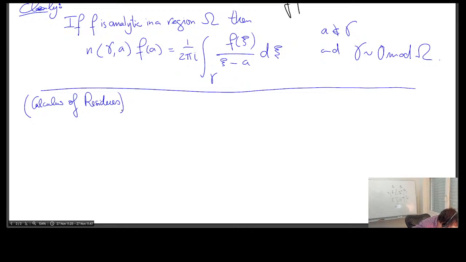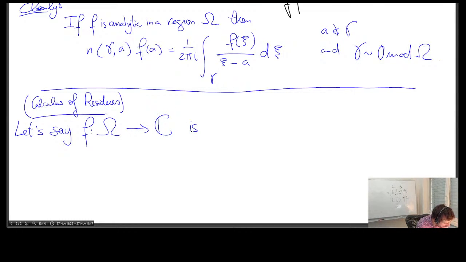So let's say that f from omega to C is analytic except in isolated singularities.